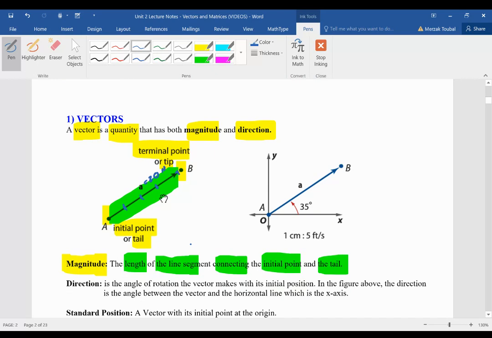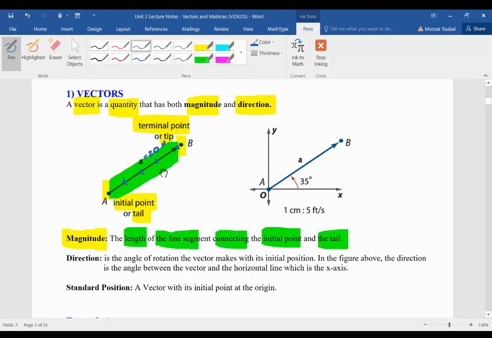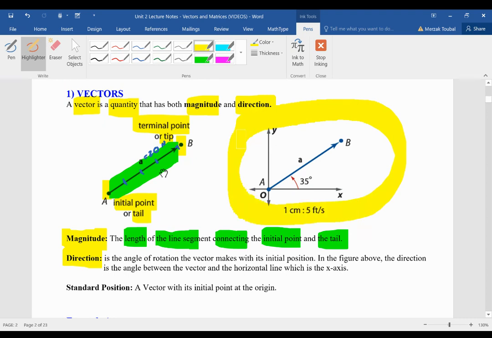Let's talk about the direction. A vector also has direction. What is the direction? If you look at this figure, we can see that there is an angle of 35 degrees.